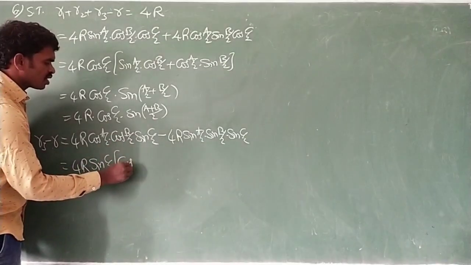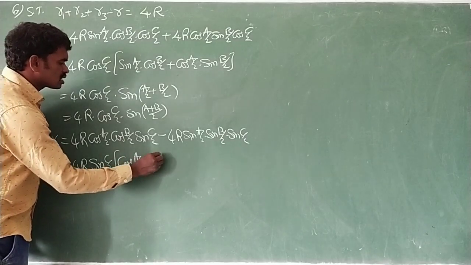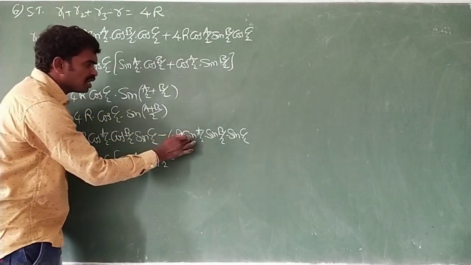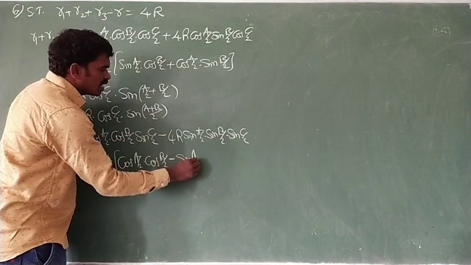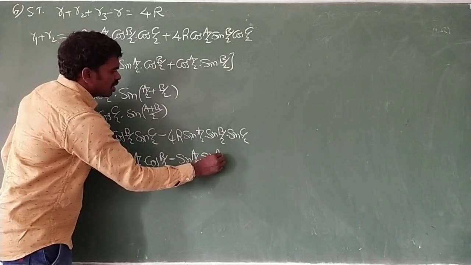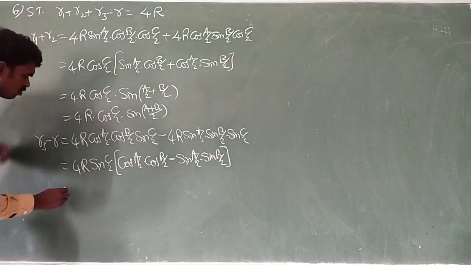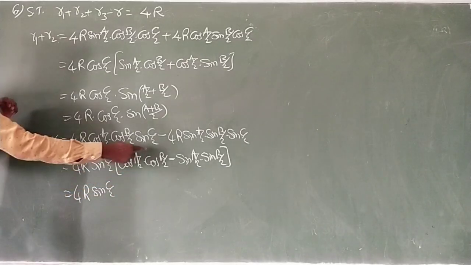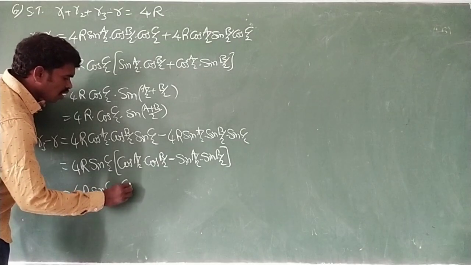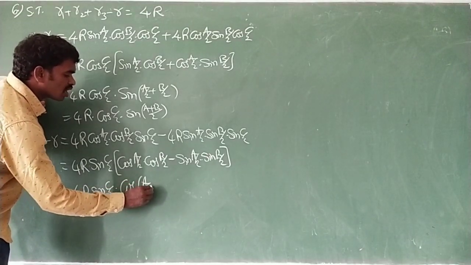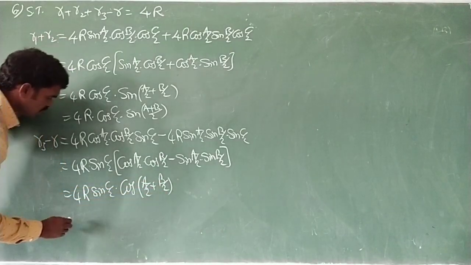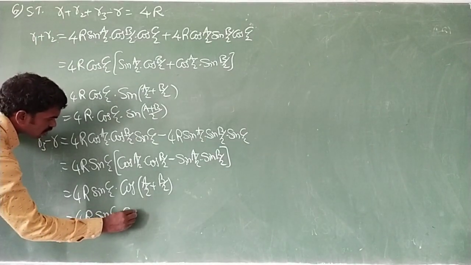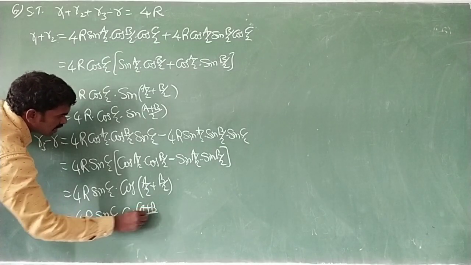Then the remaining is cos A/2 cos B/2 minus sin A/2 sin B/2. Now it is equal to 4R sin C/2 times the cos A cos B minus sin A sin B formula, cos of A plus B, very good. So cos of (A+B)/2, which is equal to 4R sin C/2 cos of (A+B)/2.